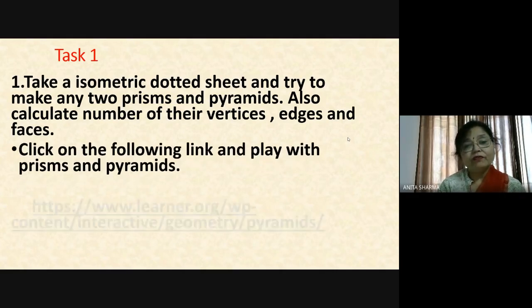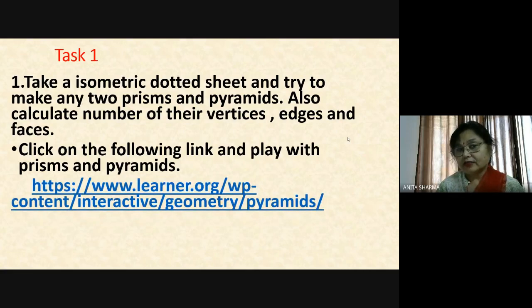There is an app where you can turn and see the faces. You can rotate them, you can flip them, you can notice how many edges, faces and vertices there are. You can have their nets, you can fold the nets, you can unfold them. So many things you can do, and you will really enjoy it.